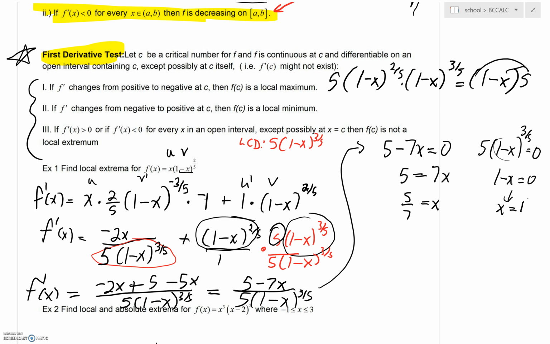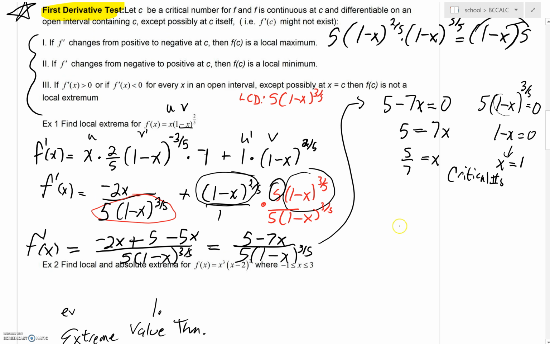So that's what we're always going to start off with our first derivative test. Where we proceed is we're going to do a number line. And I'm going to very quickly just write that over here we have 5/7, and over here we have a 1. And it is the first derivative test, so we're going to plug in test values on these intervals into the first derivative.